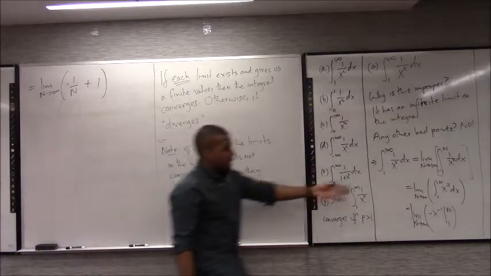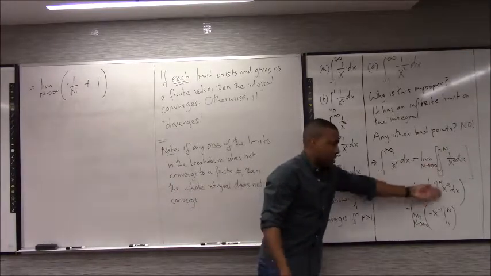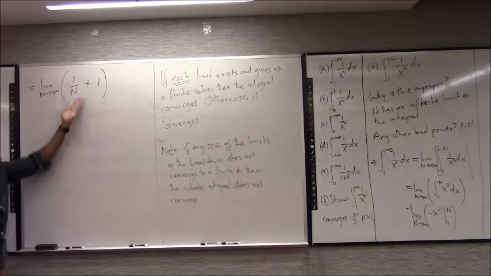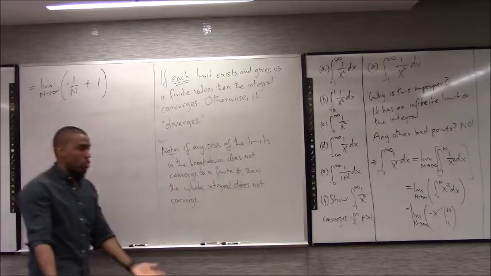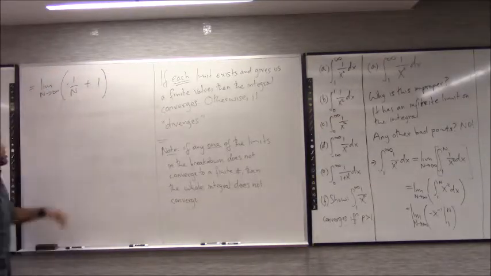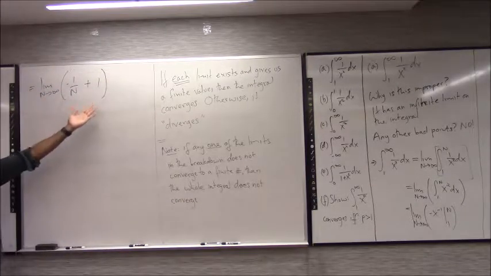The limit is just hanging out. I'm really just evaluating this integral as I would normally evaluate an integral, applying the fundamental theorem of calculus as I normally would. But now I get an expression with n in it, and so now I can take the limit of that expression.